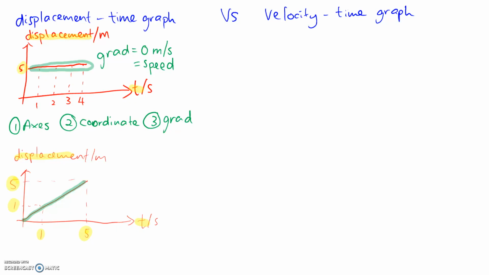Oh, sorry, in front, I shouldn't say speed. It should be velocity. So remember, your gradient in this case tells you your velocity, which for this case is 1 meter per second.